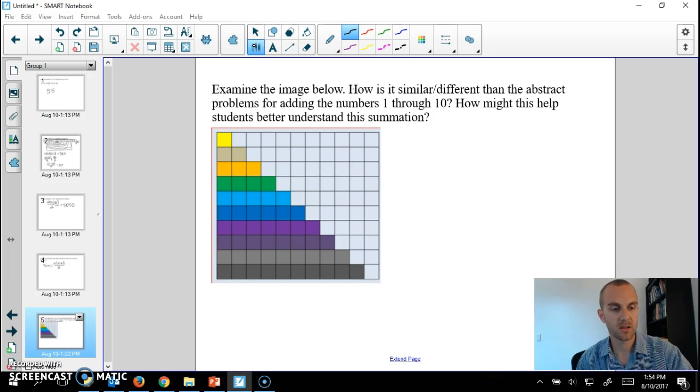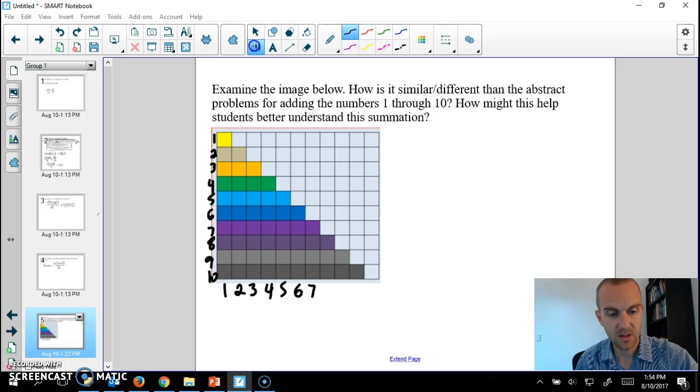So if I look at this, what I have is 1, 2, 3, 4, 5, 6, 7, 8, 9, 10 rows, and 1, 2, 3, 4, 5, 6, 7, 8, 9, 10, 11 columns.